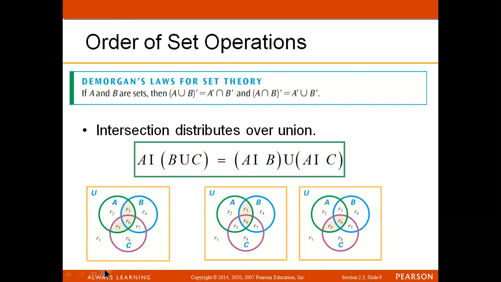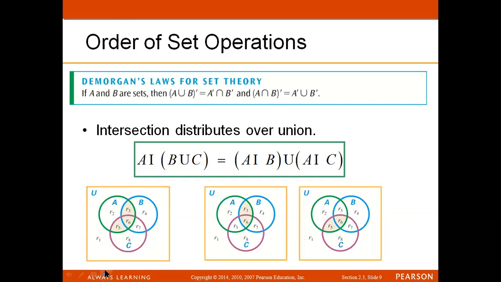And also, if we take the intersection of two sets and then complement it, that's the same thing as complementing each set and then taking the union. So (A union B) complement equals A complement intersect B complement, and (A intersect B) complement equals A complement union B complement.